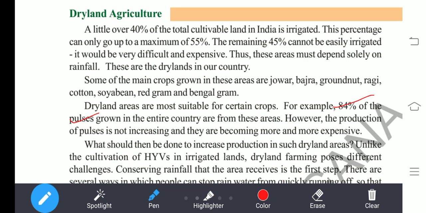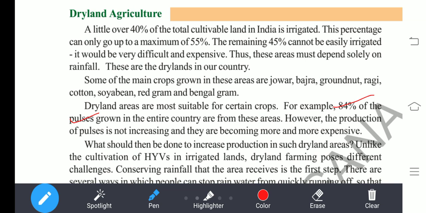And production of pulses is also not increasing as year by year is passing. It is becoming more expensive because dry land is very difficult. It depends on rainfall. So rainfall may occur in time, may not occur in time.